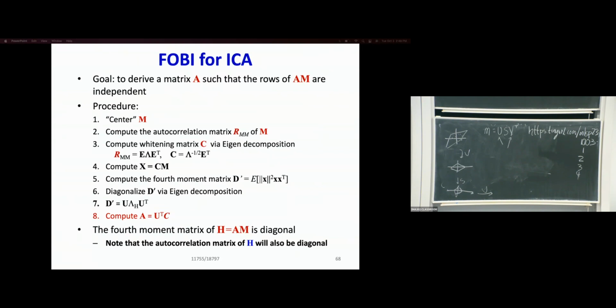Once you compute this one, E of x squared xxt, then you diagonalize it, right? You diagonalize it via eigen decomposition. And this is what you need to make it diagonal, this one, UT. So you basically hit the whitening matrix with this U transpose, and that is your A matrix that you need.